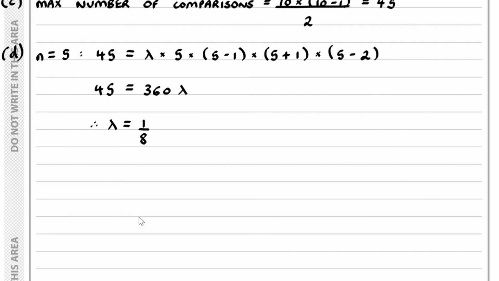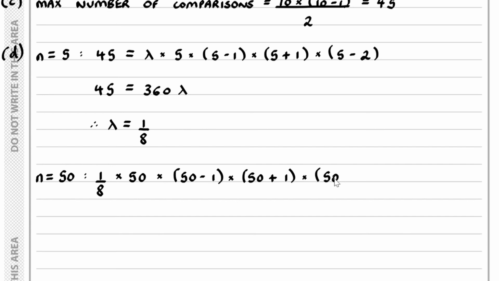And so therefore, when n equals 50, we can find out the maximum number of comparisons in this case. We have 1/8 multiplied by 50 multiplied by 50 minus 1 multiplied by 50 plus 1 multiplied by 50 subtract 2.